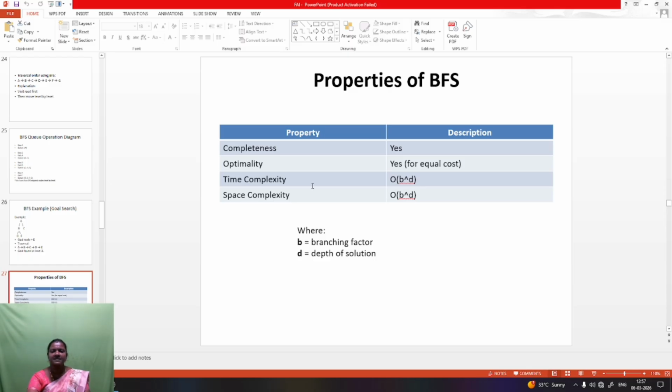Then time complexity. The time complexity formula is capital O of b power d. Then space complexity is also capital O of b power d.